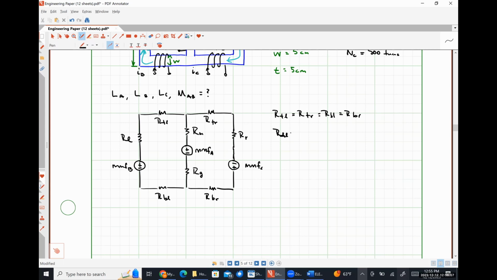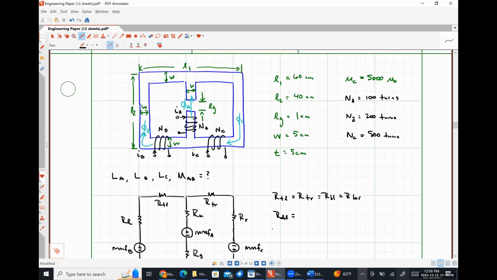So my top left reluctance will be, what's the length? Yeah, so half of L1 minus W, where that half gets distributed to both things, right? So half of L1 would be from here to here, and then we cut off this little bit right here, which is half of W, and so we get half of L1 minus W.